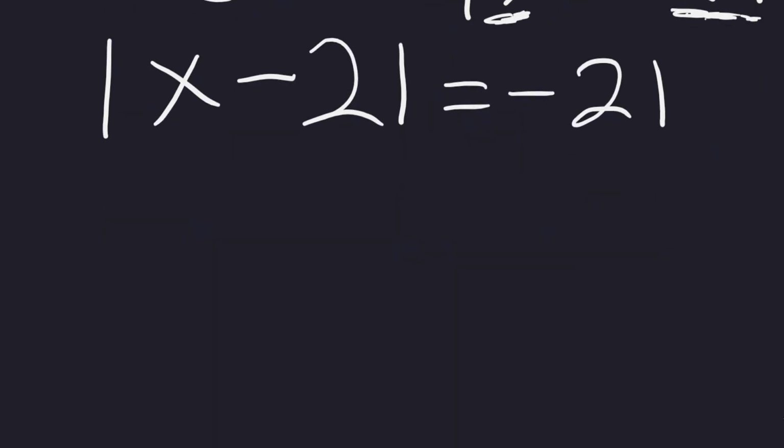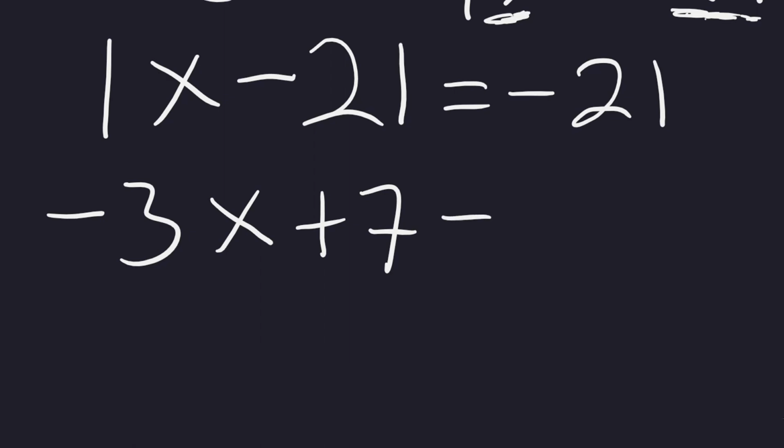I'm going to pick 3 and 7. So I'm going to use minus 3 times plus 7 equals.